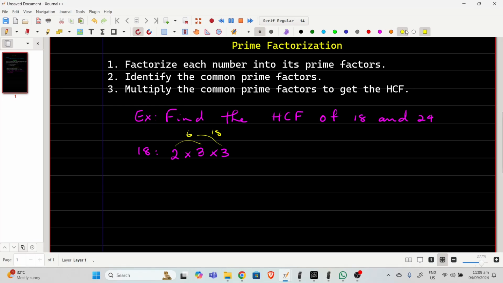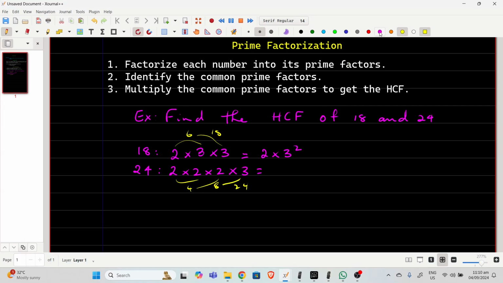Another way that we can write this is in exponent form, which is 2 times 3 to the second power. In other words, we have one 2 and two 3s. We can do the same thing with 24, and we will have 2 times 2 times 2 times 3. So let's check that. 2 2s are 4, 2 4s are 8, 3 8s are 24.